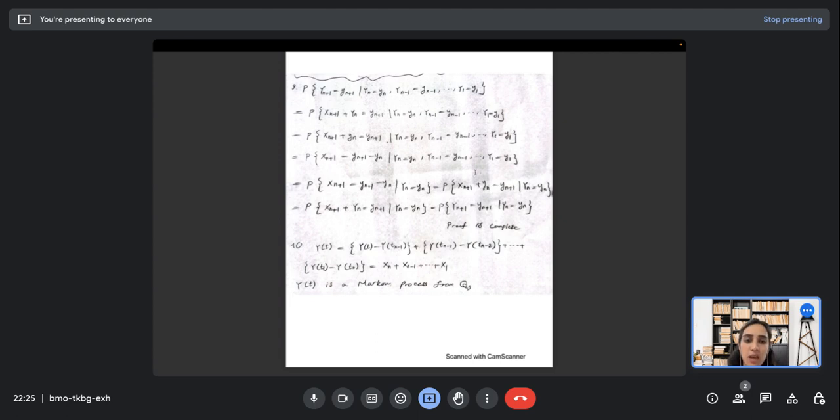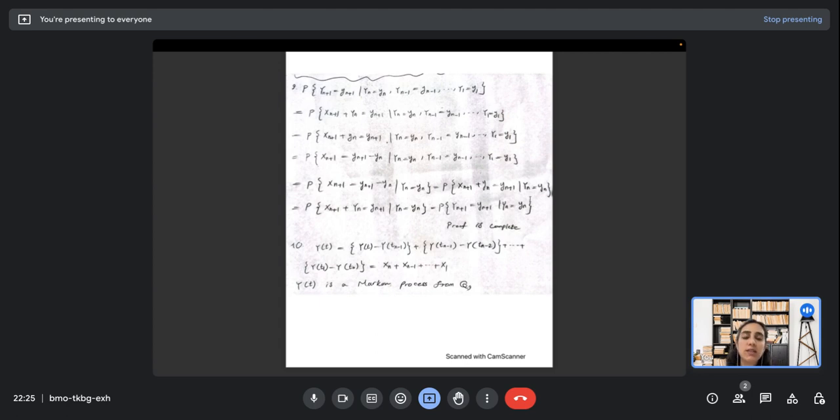So again, we will write the probability of X(n+1) plus the random variable Yn is equal to y(n+1), and we can remove X(n+1) and substitute it with Y(n+1) equal to y(n+1) given Yn equal to yn.